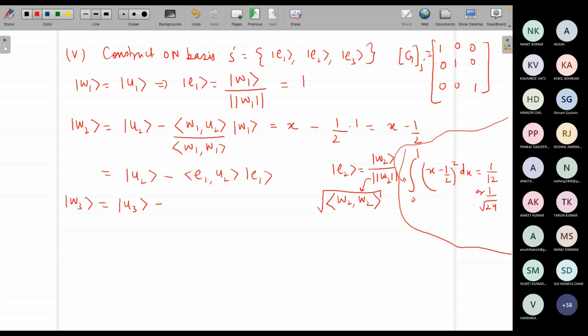So 1 by 12, I mean, this cannot be that curve. x square plus 1 over 4 minus x, right? I mean, this is what you are integrating, isn't it? So this should be x cubed by 3, which should be 1 by 3, plus 1 by 4 x, which should be 1 by 4, minus x square over 2, which should be 1 over 2, right?